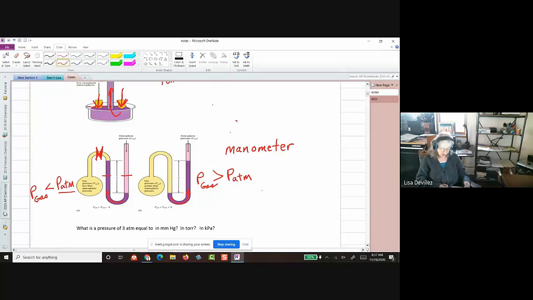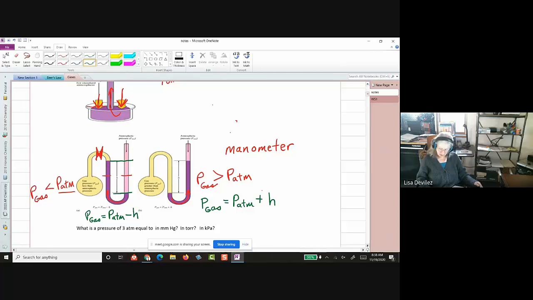Again, we measure the pressure based on the height difference between the two sides of the manometer. Here, the pressure of the gas is going to equal atmospheric pressure minus the height difference, whereas over here, the pressure of the gas is going to equal atmospheric pressure plus the height difference.